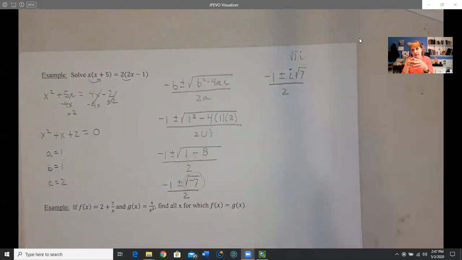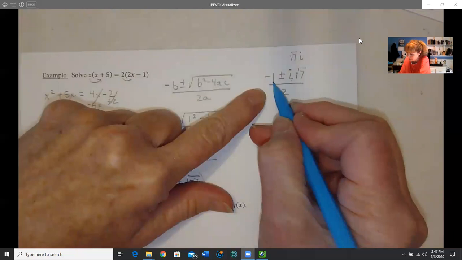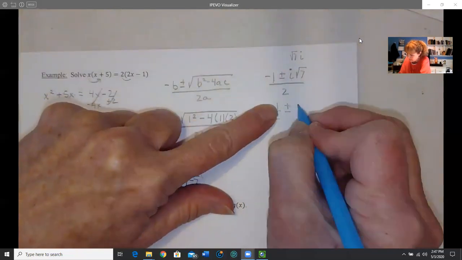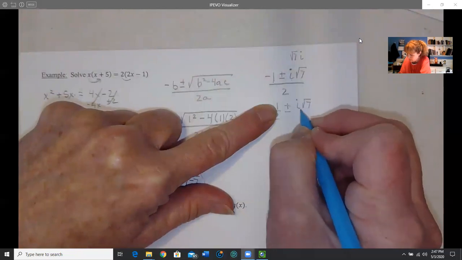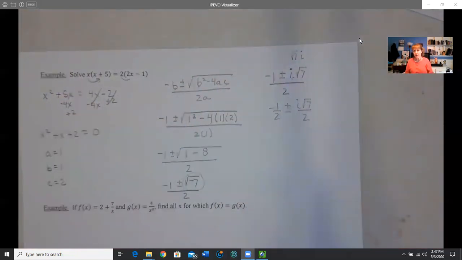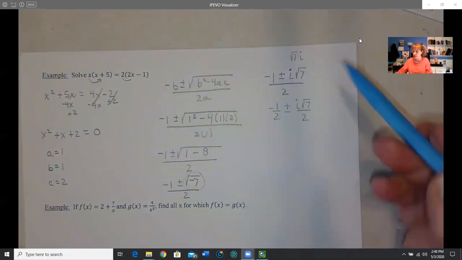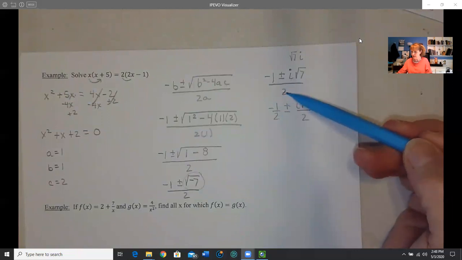Okay, but a lot of times they like this written as the real part and then the imaginary part. So we're going to write that in the form of a plus or minus bi. The real part is this, plus or minus the imaginary part is this. So I just separated those two into two separate fractions, putting the numerator back underneath these separately.